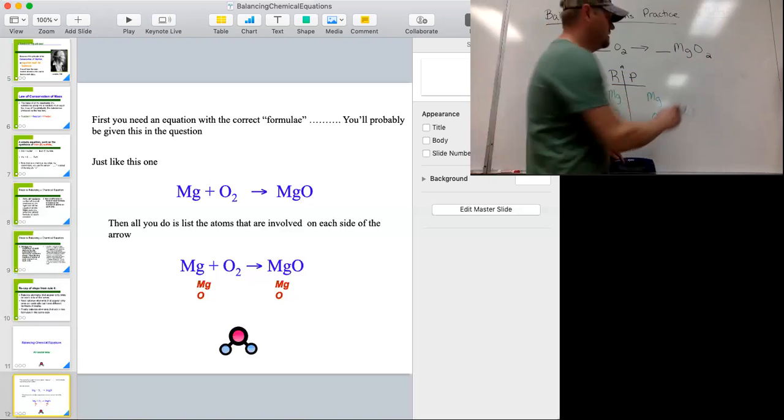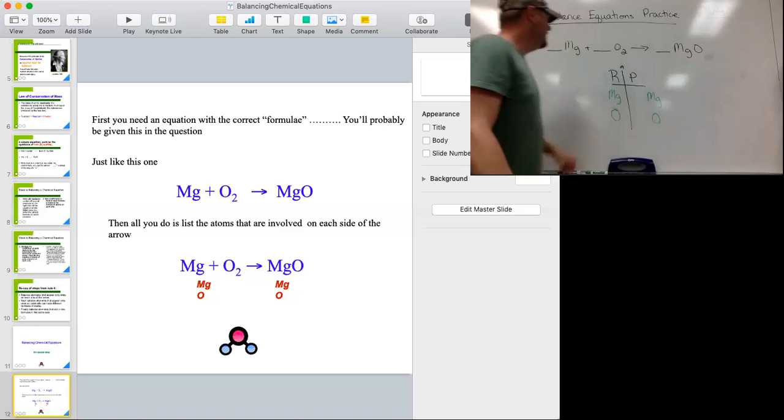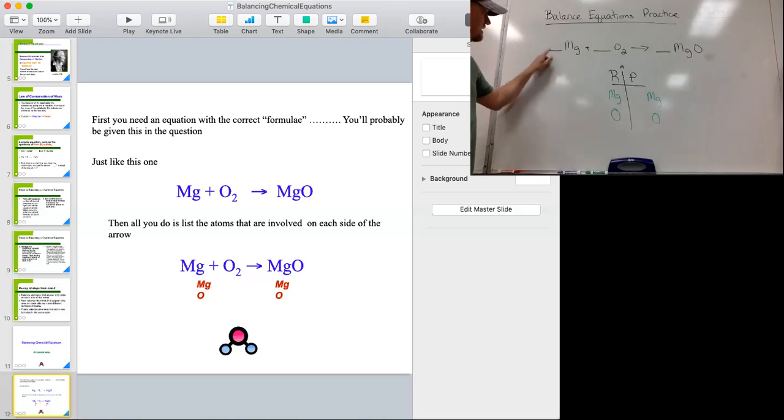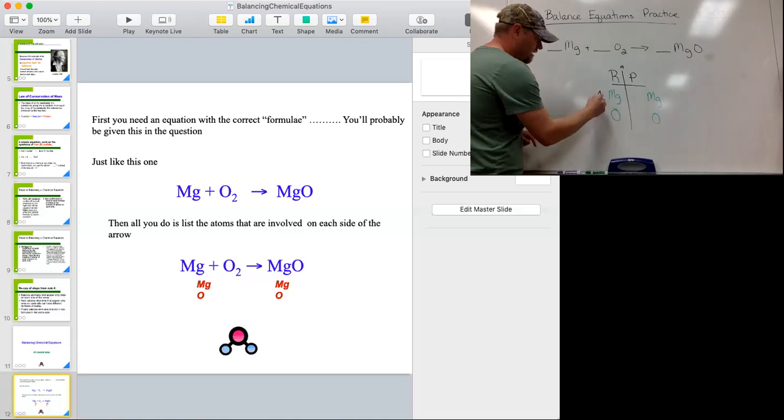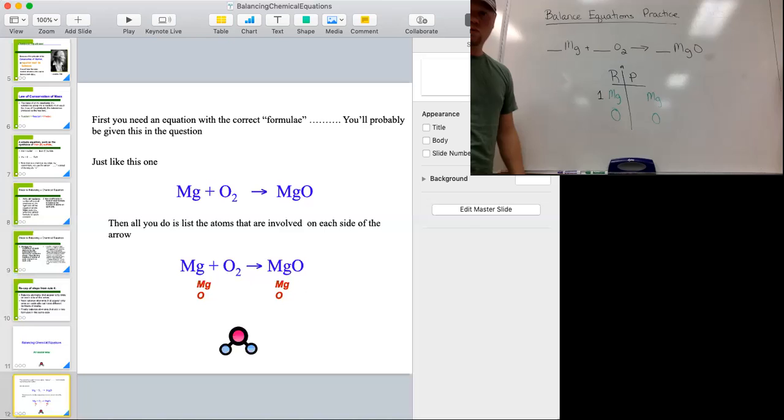But we don't have that, so let's not get ahead of ourselves here, okay? So guys, when I look at my numbers here, because there's no big number and there's no subscript or little number, that tells me that I only have one atom of magnesium in the reactant side of this equation, okay?